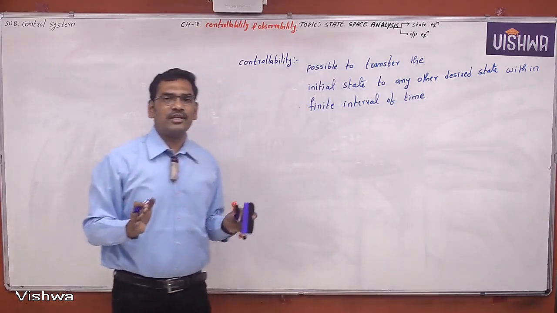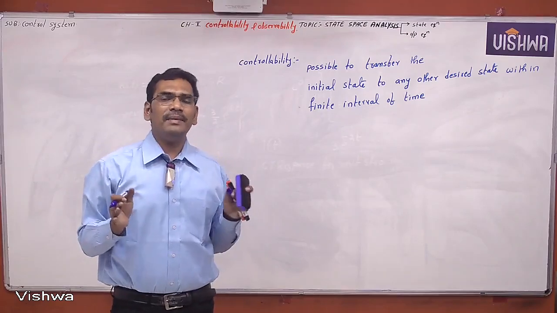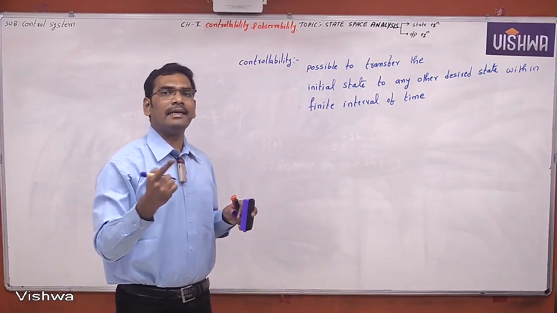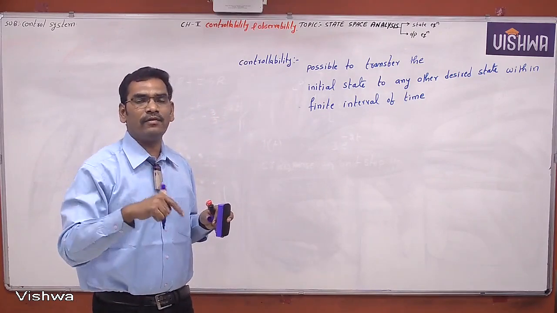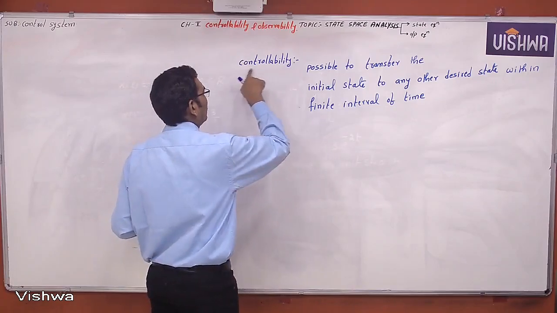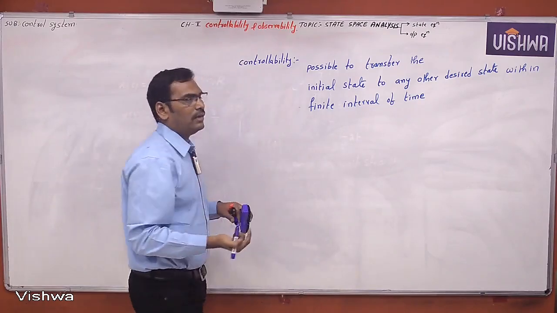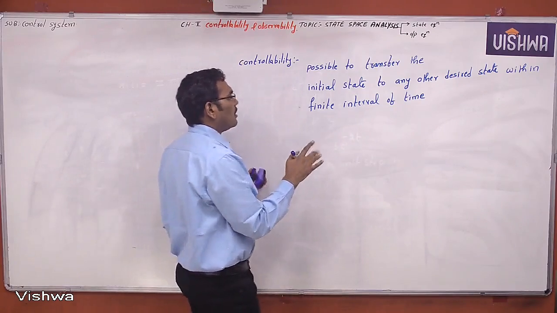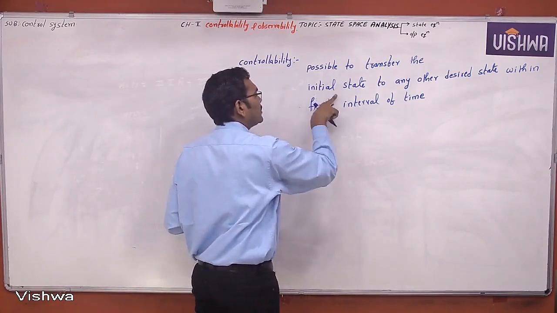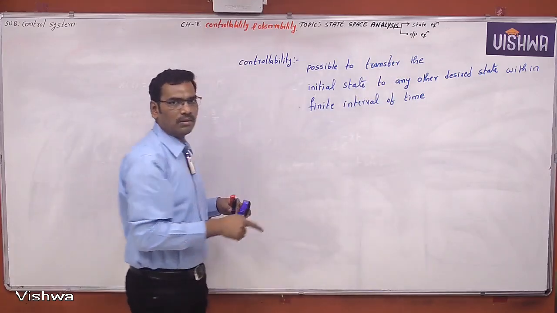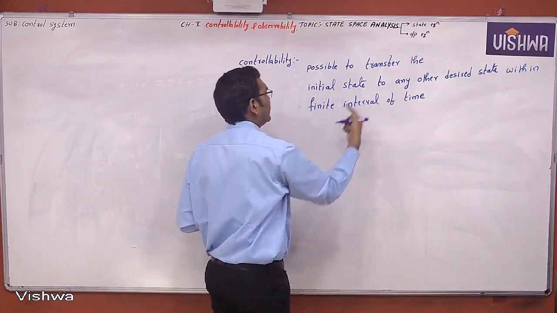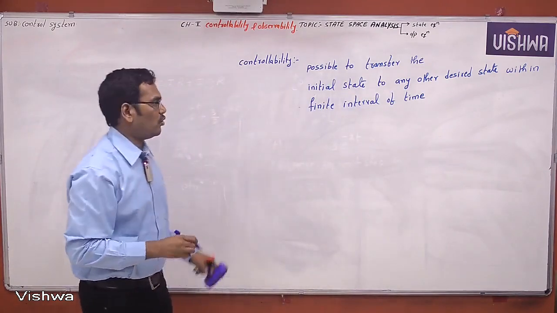Within a sufficient, limited time, if the initial state can be transferred to any other required state, then that state space model is said to be controllable. Otherwise, it is not controllable. If it is not possible to transfer the initial state to any other state, it is not controllable. If it is possible, then this is nothing but controllability.